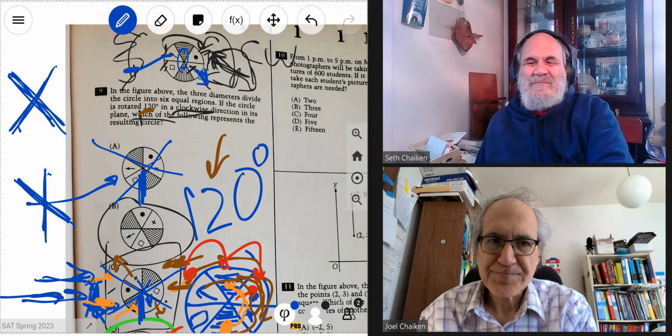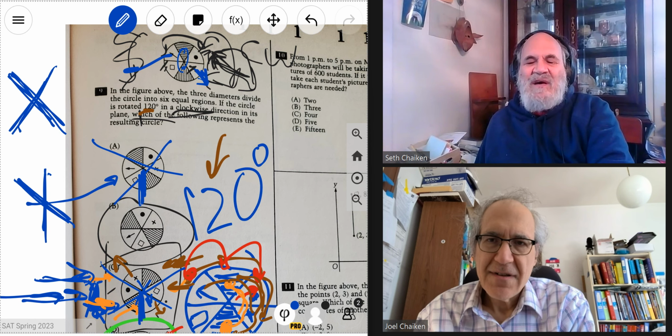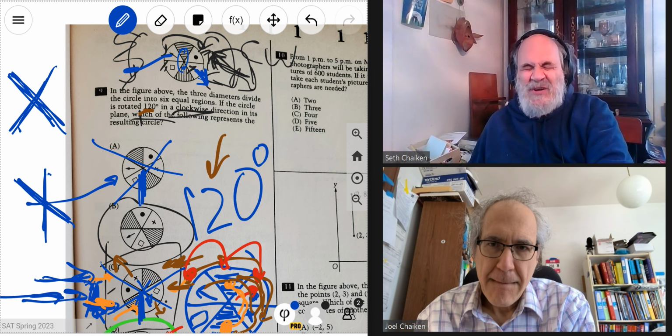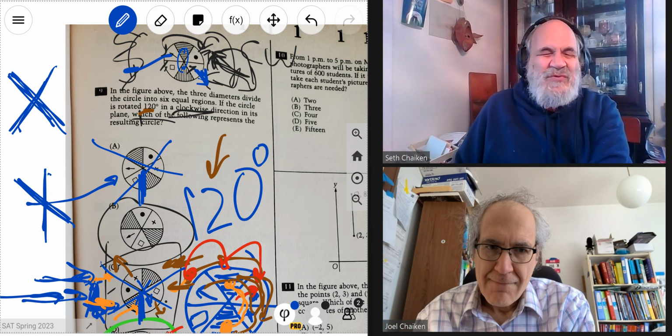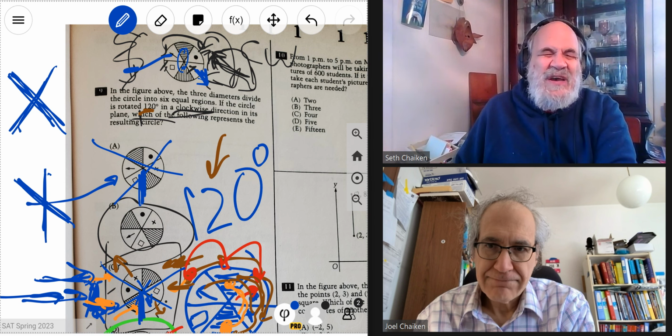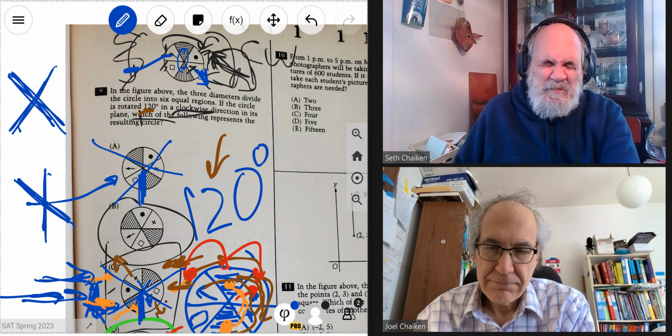Right. So again, the general logic is that, number one, in order to get a vertical line after rotation, the rotation must be some odd multiple of 30.